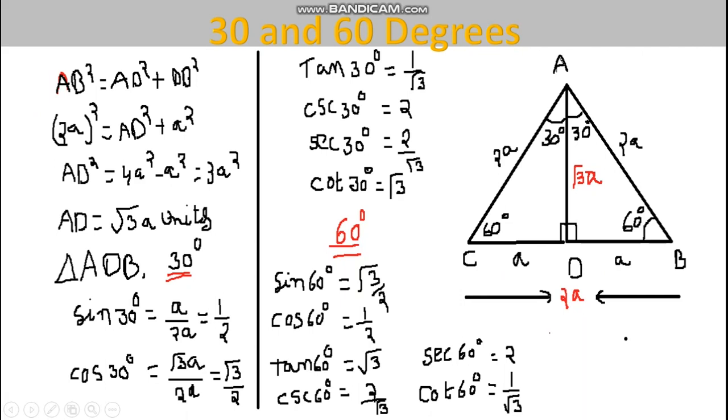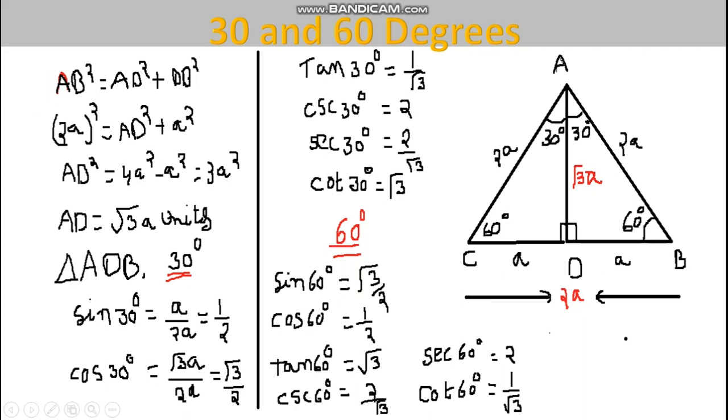So, to get this, I constructed a triangle ACD which is congruent to triangle ABD. What I have done? I have constructed triangle ACD by taking AD as the common side for both the triangles.